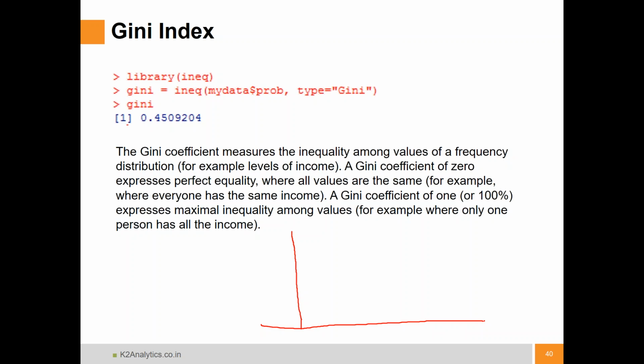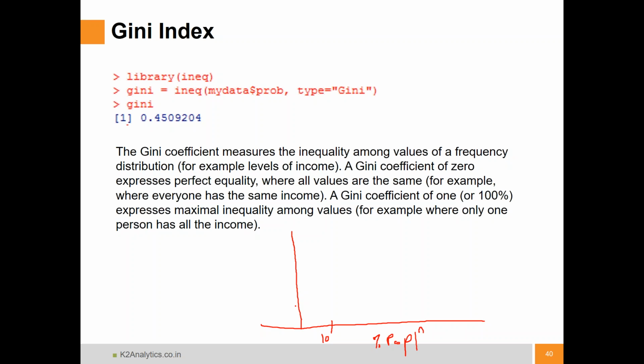If I take the bottom 10% of the world population, this axis is percentage population, what is their wealth ownership likely to be? 0.1%, 0.01%, 0.0001%, insignificant.